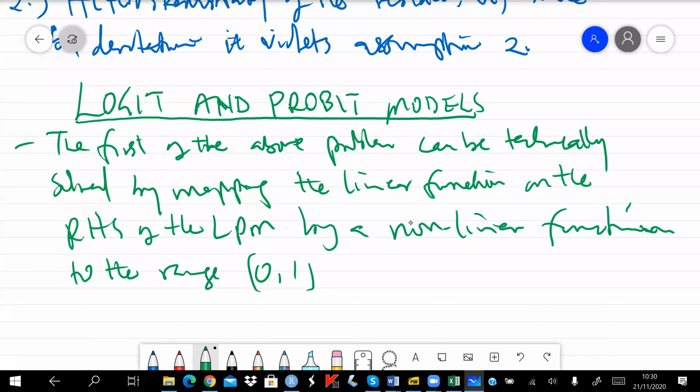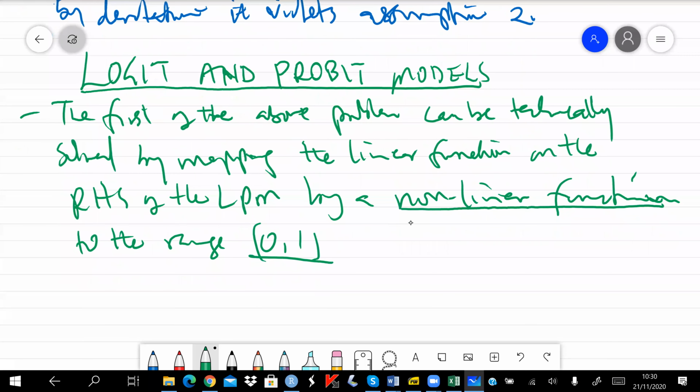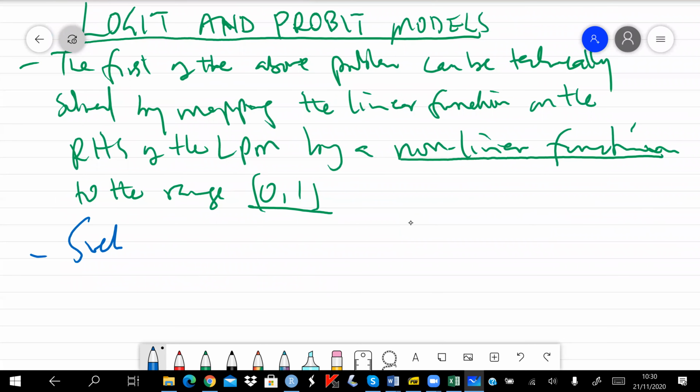So instead of allowing the right hand side of the linear probability model to take the range minus infinity to positive infinity, we can transform it using some nonlinear function into the interval 0 and 1.